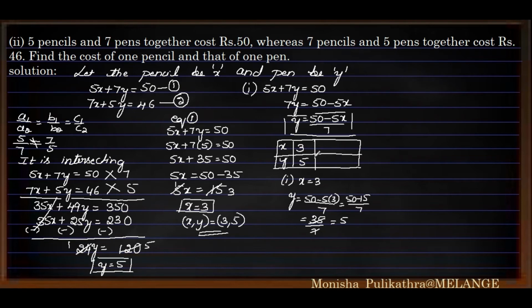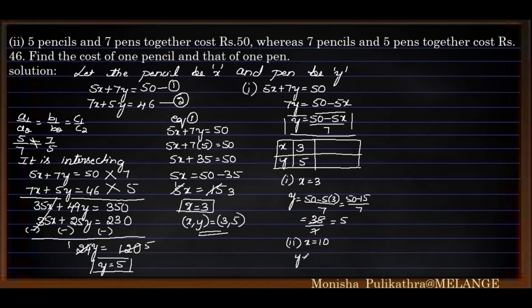If you take 4, 5 4s are 20, 50 minus 20 is 30, which is not divisible. If you take 5, 5 5s are 25, 50 minus 25 is 25, also not divisible. The next value which is divisible is x is equal to 10. Rest of the numbers you can substitute in the place of x and find out.